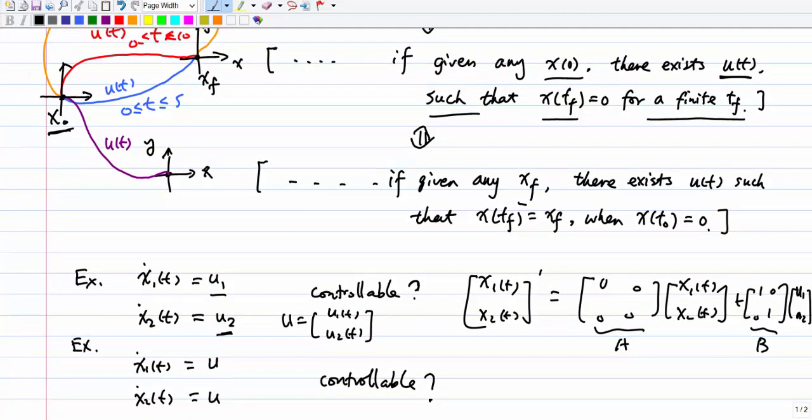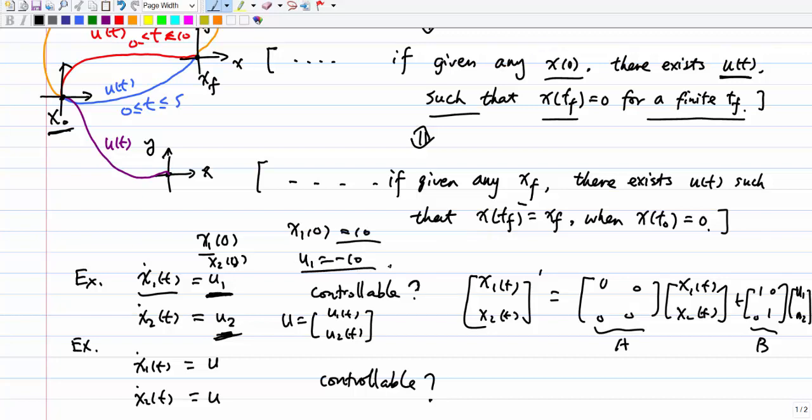For example, for any initial state, there exists u(t) such that x(tf) will be 0 at a final time. Let's say you start from any x10 and x20. Can I design my u1(t) and u2(t) such that I can drive this to be 0? Yes, of course I can. If x1(t) is 10, you can just let your u1 be negative 10.